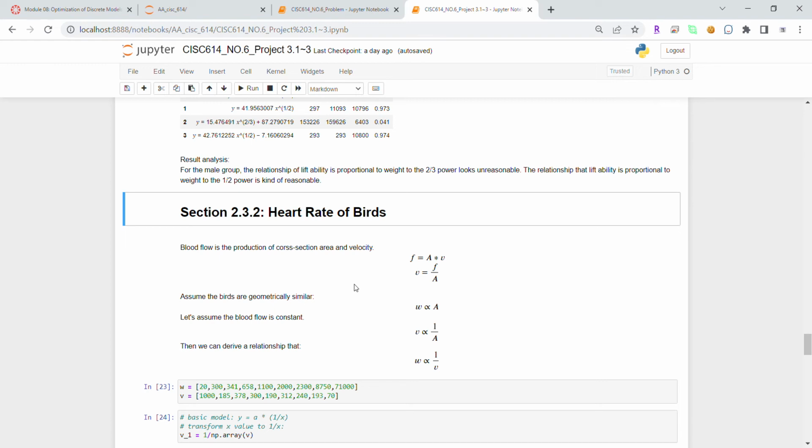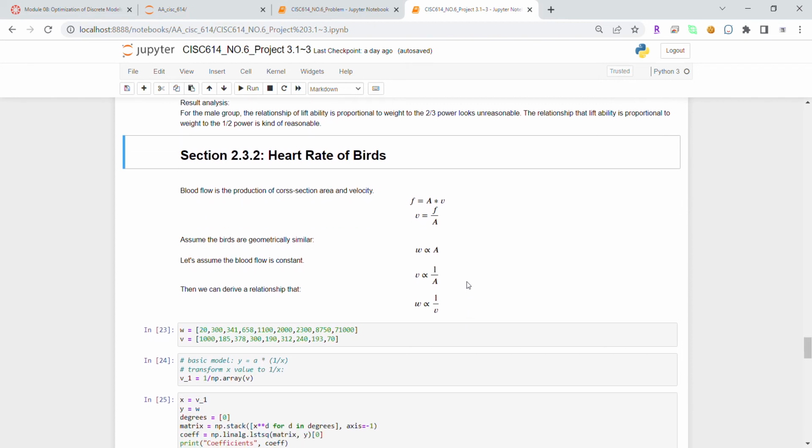So we have the weight of the birds is proportional to the cross area. And then we assume the blood flow is constant. Then we have the relationship that the velocity is proportional to 1 divided by the cross-section area. And therefore we can derive the relationship that the weight is proportional to the velocity minus 1 power.